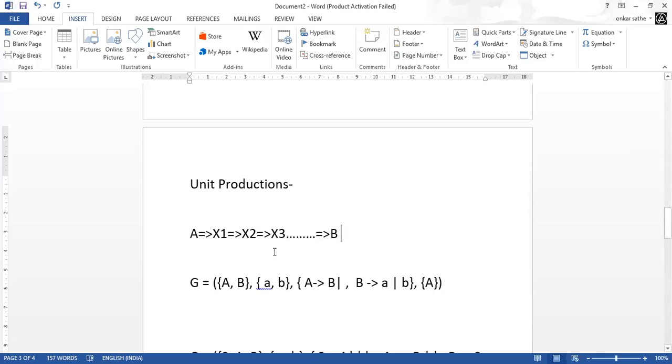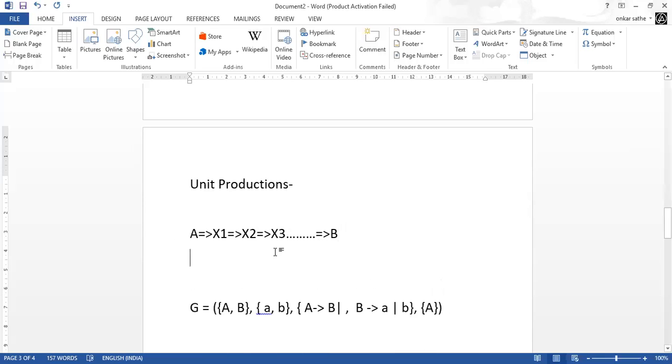For that, we have to find out the non-unit productions of the non-terminal b, as let us say, b produces alpha 1, or it produces alpha 2, and so on.